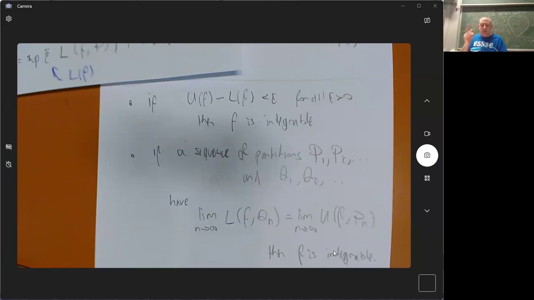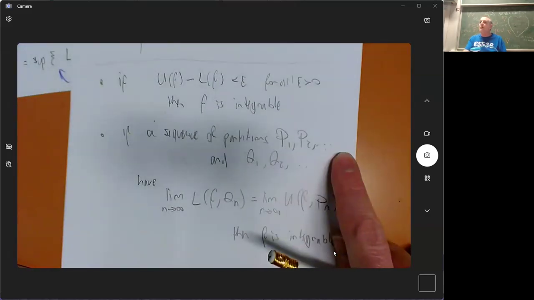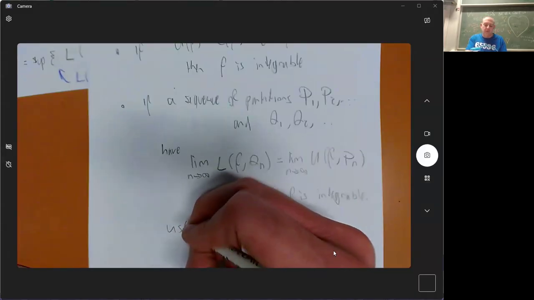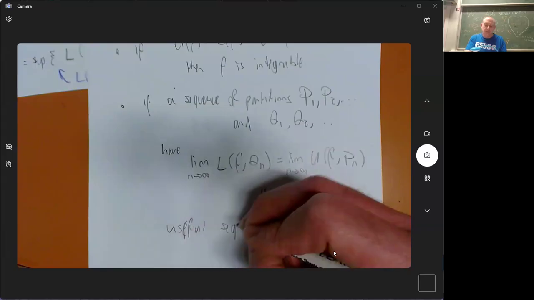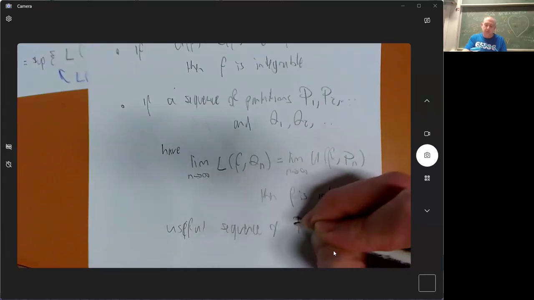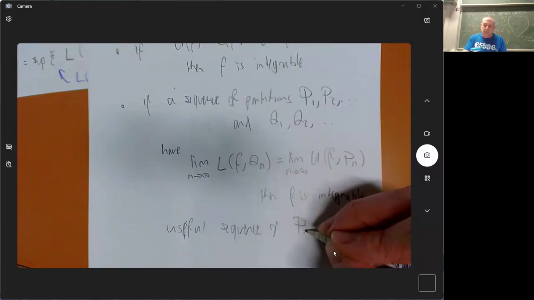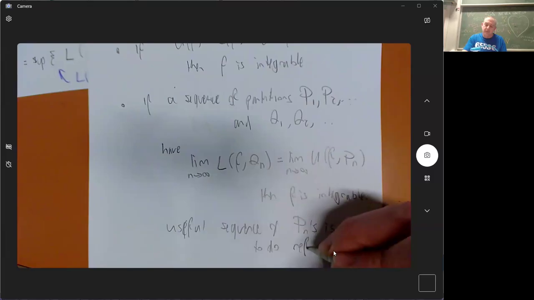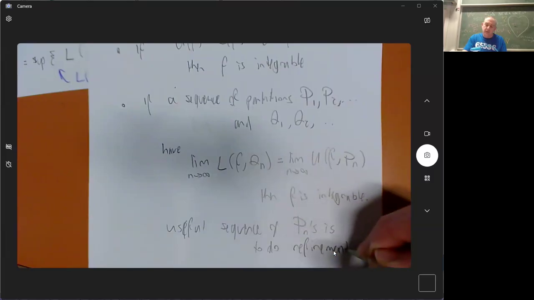Yeah, and so a useful way to do this sequence of P's is to be refinements.